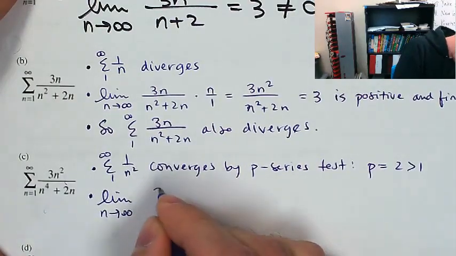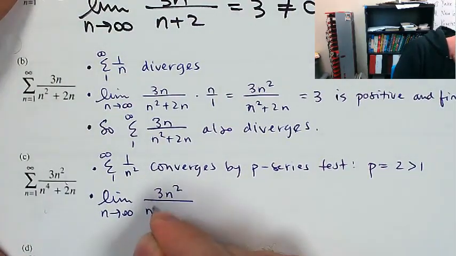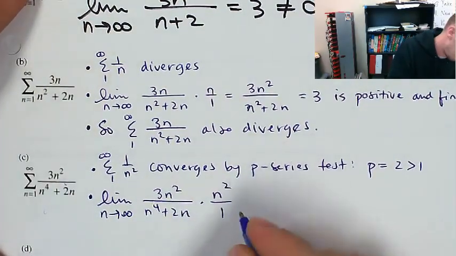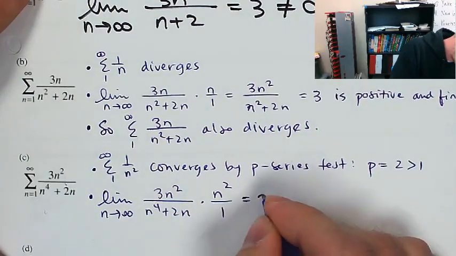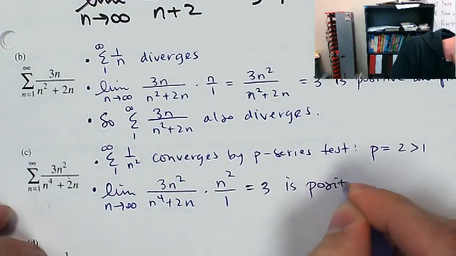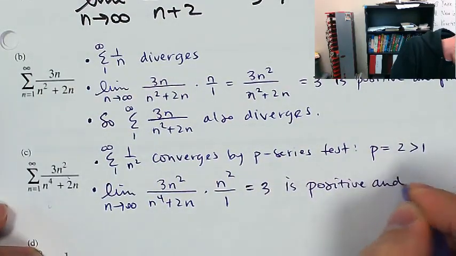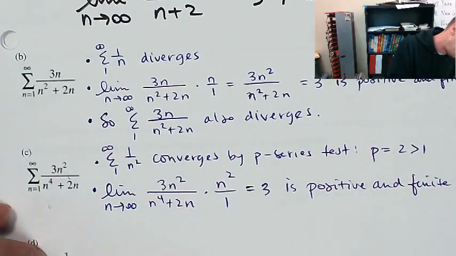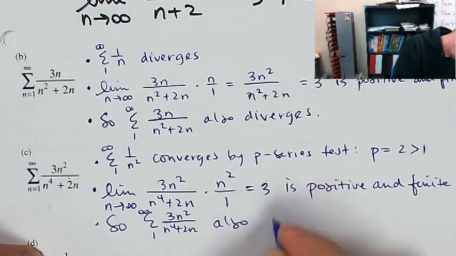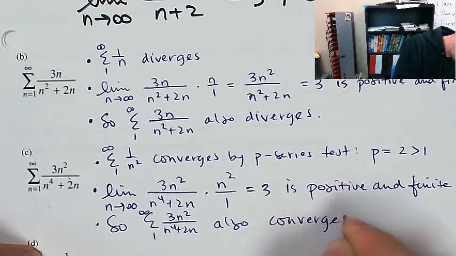Limit as n approaches infinity of 3n squared divided by n to the 4 plus 2n, times n squared over 1, which is dividing by 1 over n squared. It's going to be 3 over 1, and that's positive and finite. Therefore, the sum from 1 to infinity of 3n squared divided by n to the 4 plus 2n also converges.